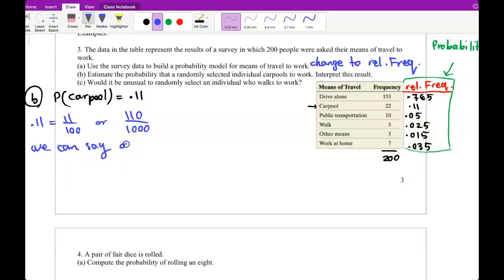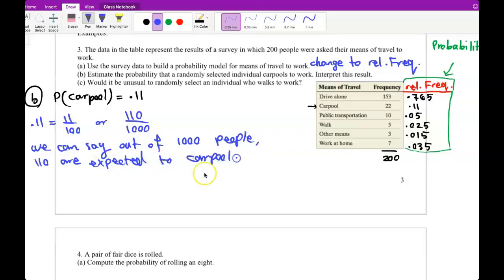So we can say out of 1000 people, 110 are expected to carpool.